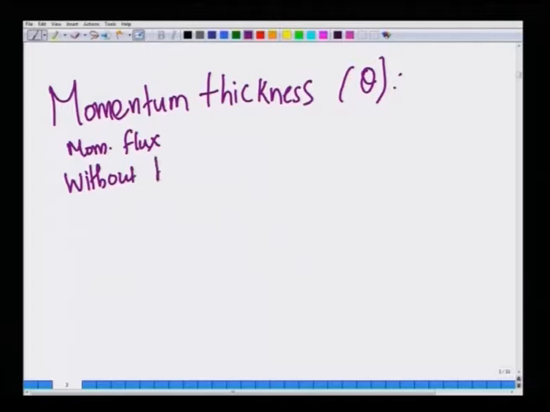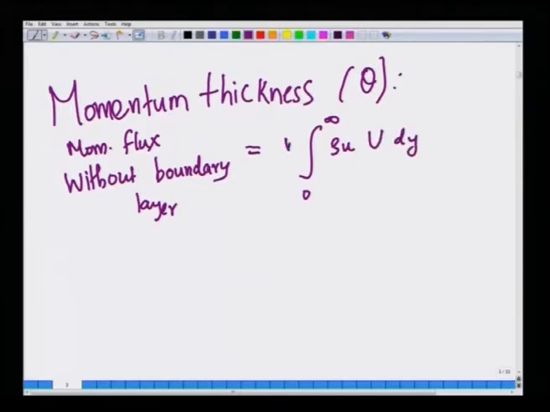without the boundary layer is nothing but integral 0 to infinity. Momentum flux is simply mass flux times the velocity, which is rho u times capital U dy times W. Okay.